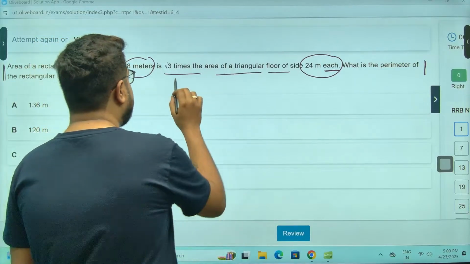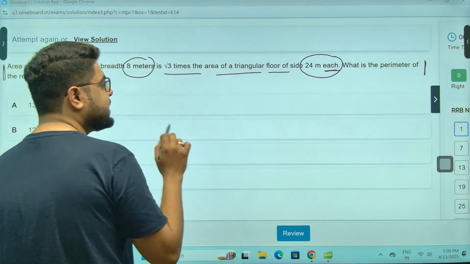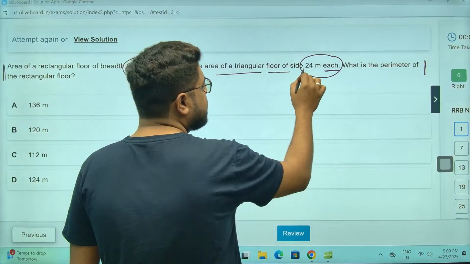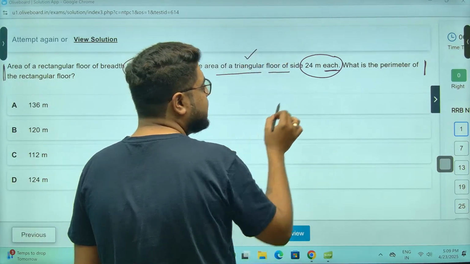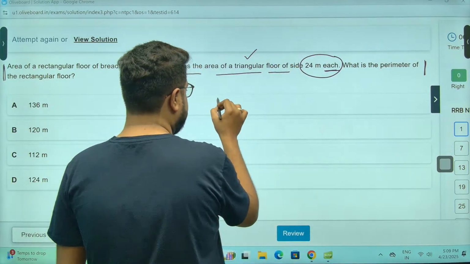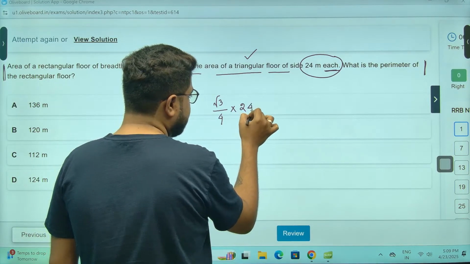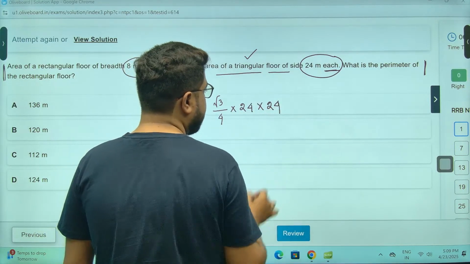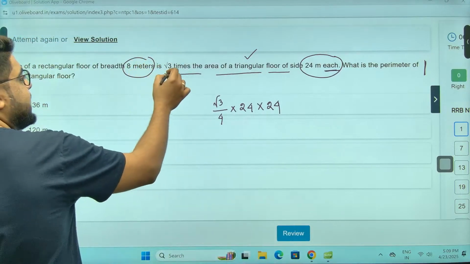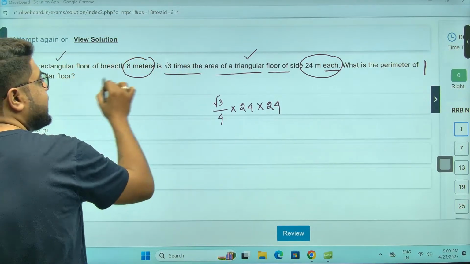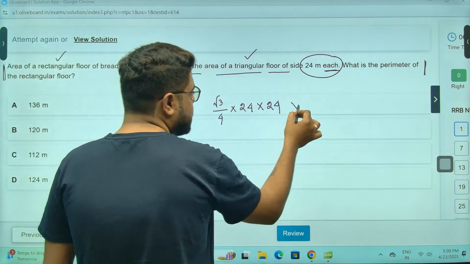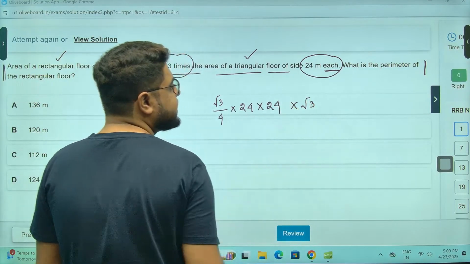Now, they have given you something. Let's see this. The triangular area, it's an equilateral triangle of 24 meters, so the area will be root 3 by 4 into a square, that is 24 into 24. The area of the rectangle is root 3 times this.